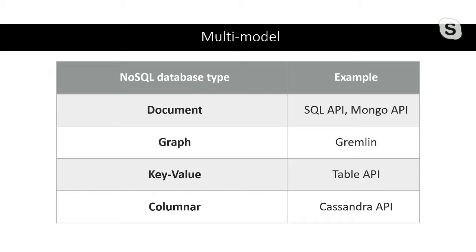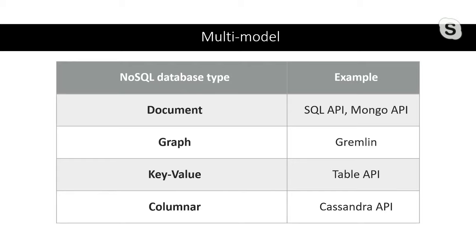Multi-model. So Cosmos DB supports multiple models of data. If you want to store NoSQL document type data, you can use the SQL API or Mongo API. Basically, the documents are JSON documents. You can store complex nested JSON data structures in the documents, and each individual field is a key value pair or a key array pair.